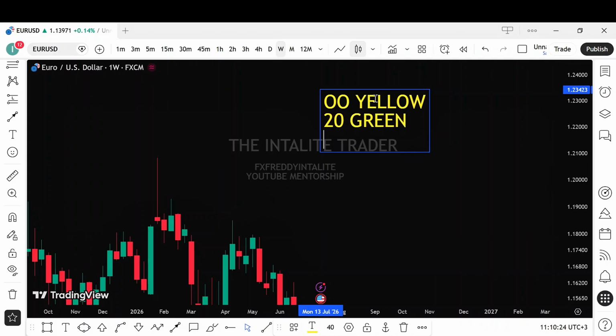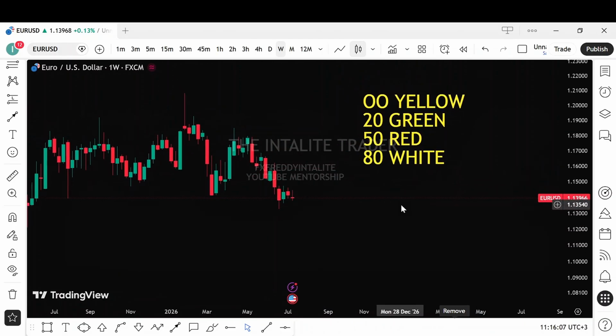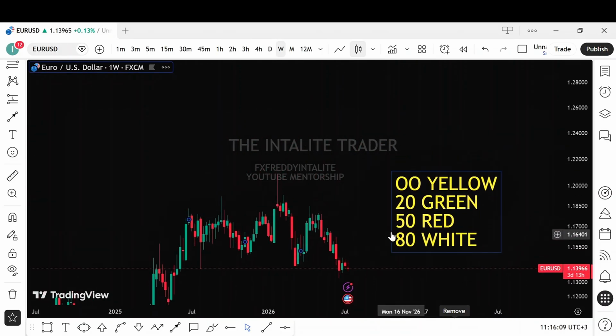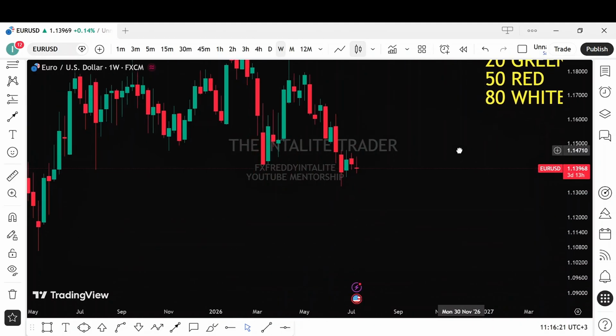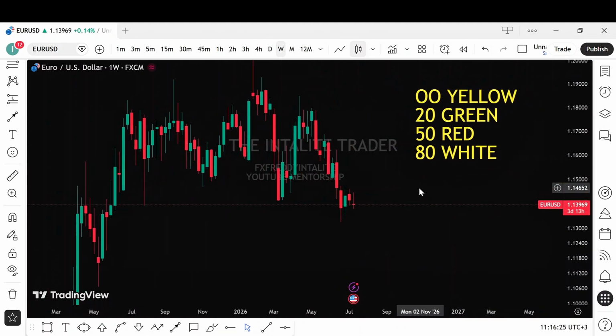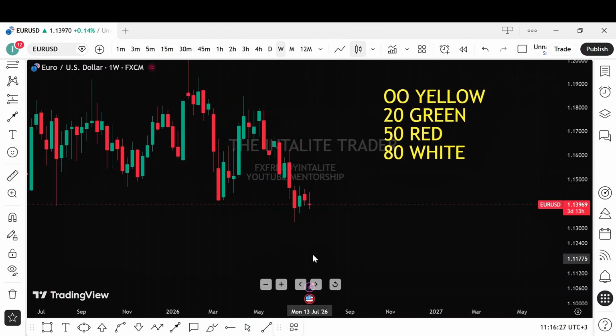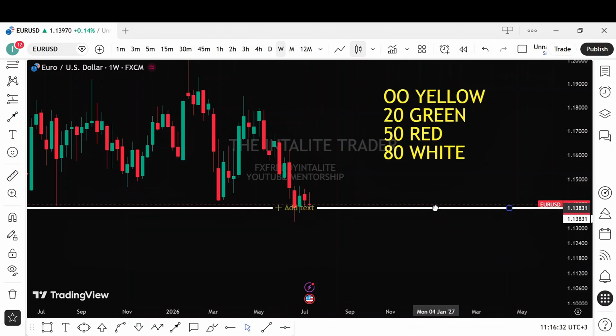Then the 50 level, we give it red. Then the 80 level, we give it white. These are the levels we are going to use to come up with the intraday trading levels for us to trade. So you put your line next to where price is.